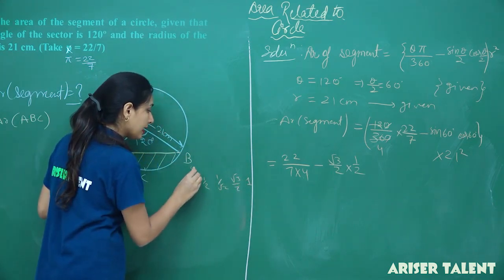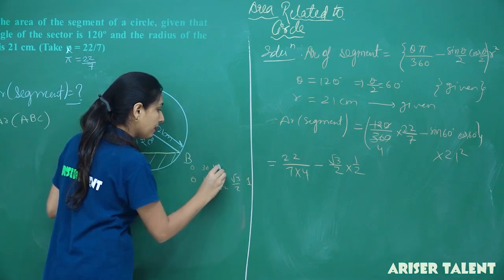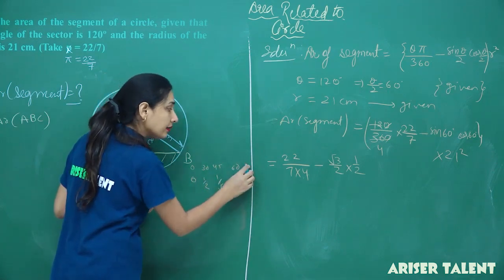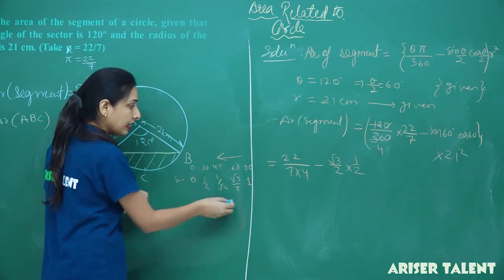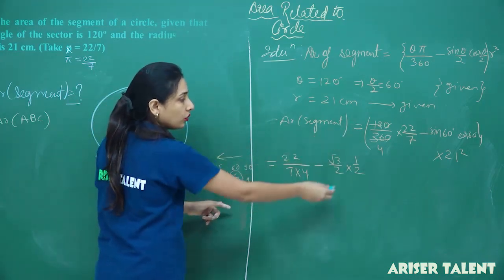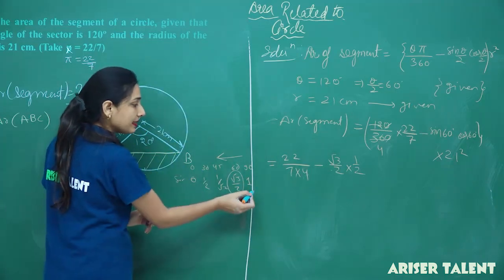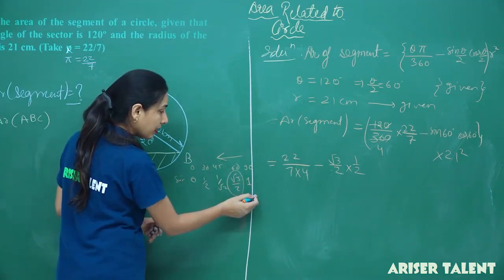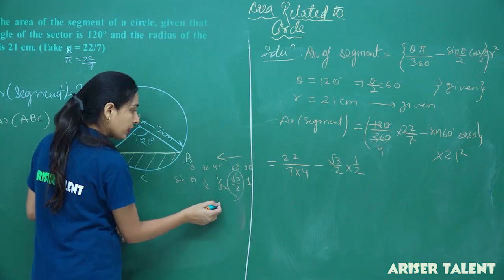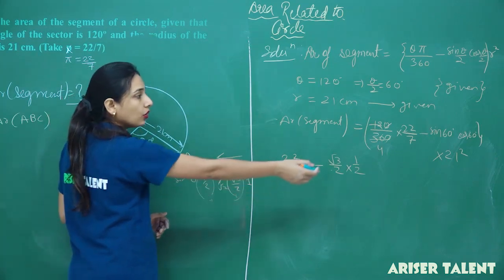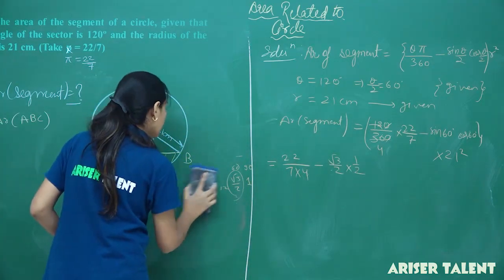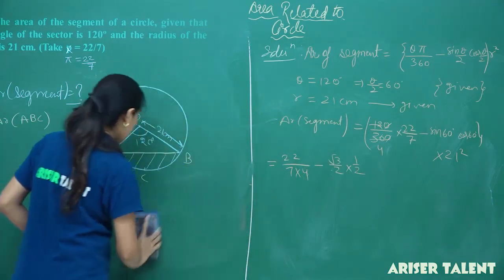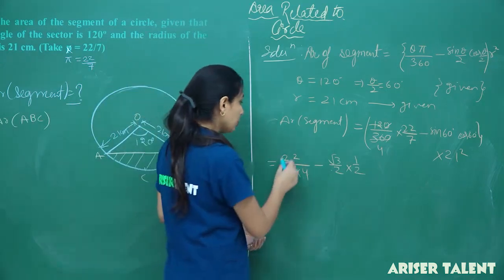This is the value for sine at 0 degree, 30 degree, 45 degree, 60 degree and 90 degree, and the reverse for cos. So sine 60 degree will be root 3 by 2, I have put it here, and for cos you will start from the other end, so 0, 30, 45, 60, that will be 1 by 2. So I will put 1 by 2 here. Okay, students, so revise that lecture if you are not getting these values.